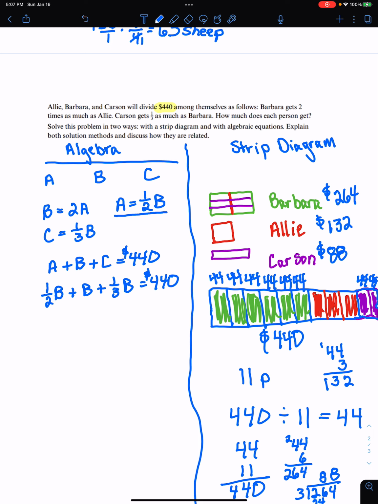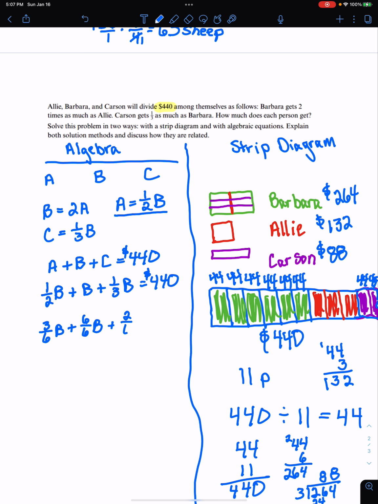So now we can add up all our B's. Well, we first have to get common denominators. So I'm going to change 1/2 into 3/6 B. And I'm going to change this into 6/6. Remember, we have an invisible 1 in front of the B there. And then I'm going to change this into 2/6 B.